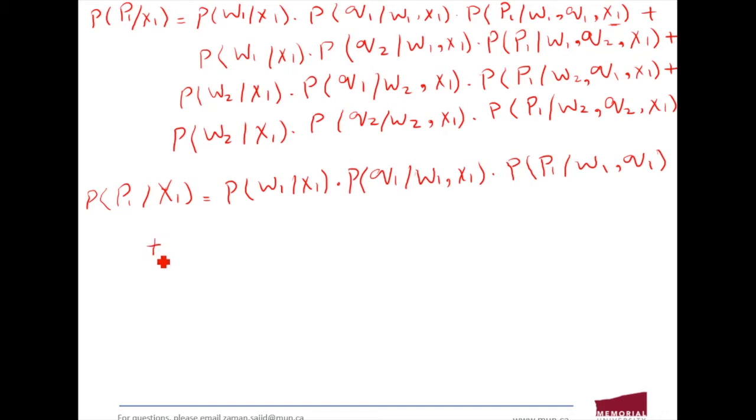Plus, the same thing applies on the second term. It turns out to be W1 over X1. The structure of the network does not change when you apply the Markovian condition.